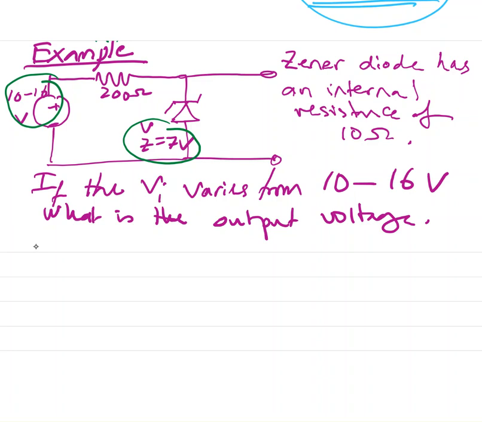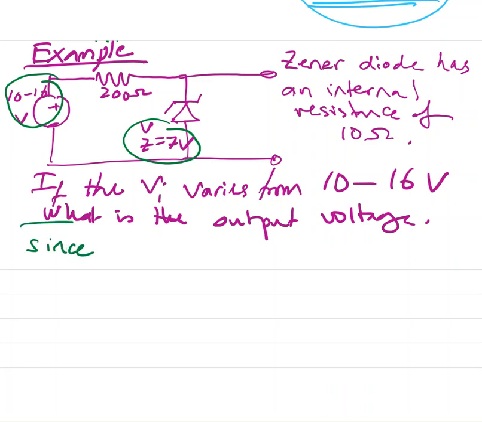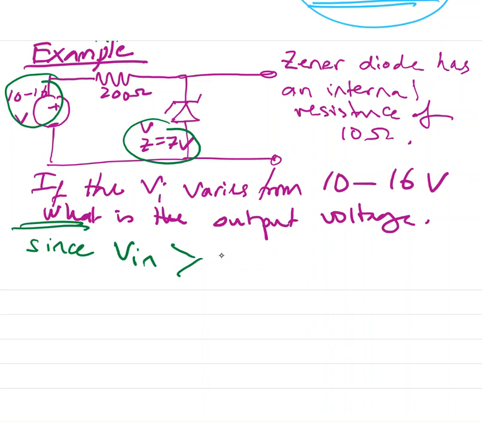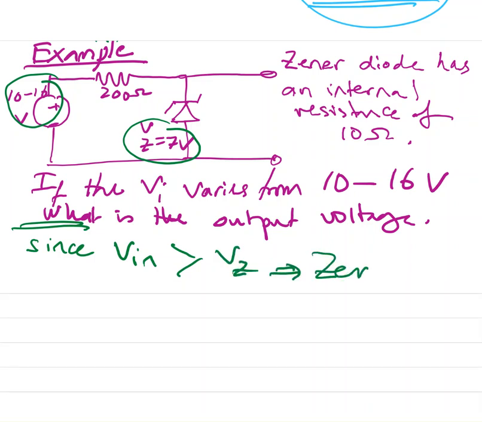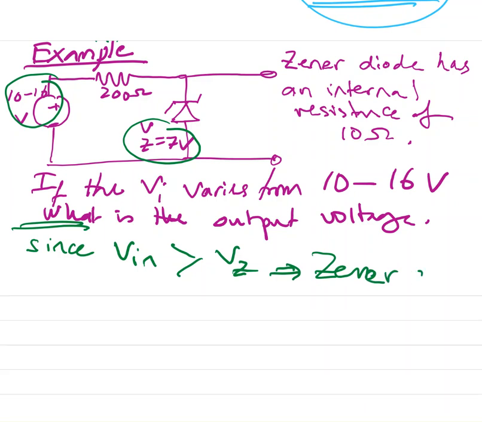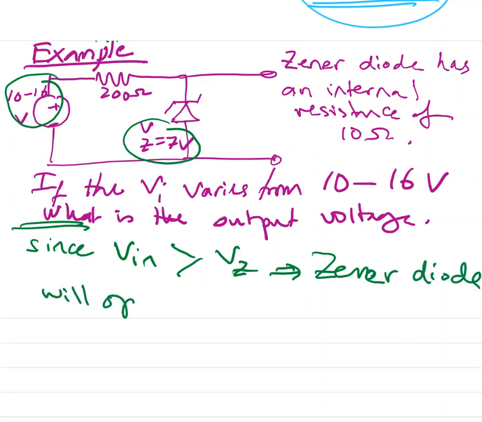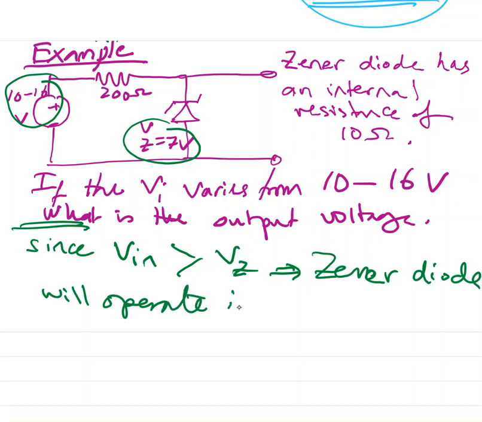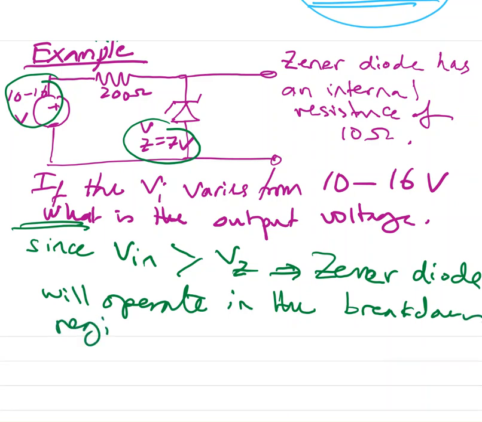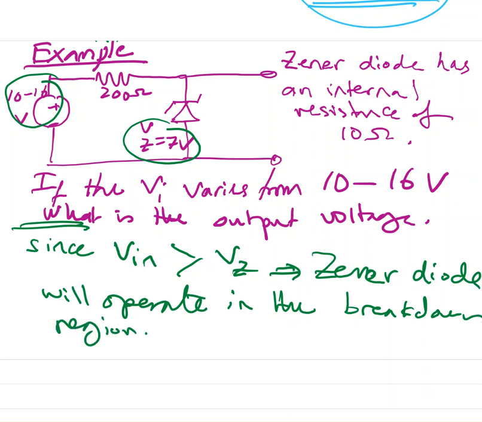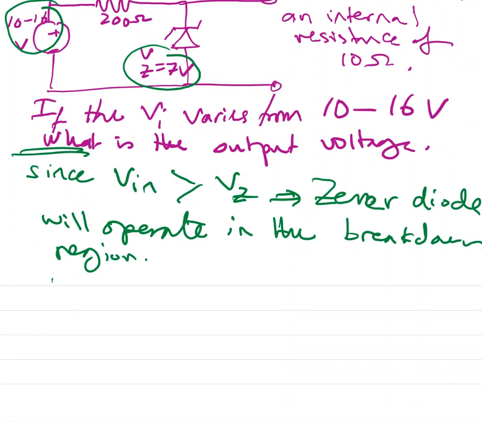Since V input is greater than VZ, the Zener diode will operate in the breakdown region, and therefore I can have an equivalent circuit that looks like this.